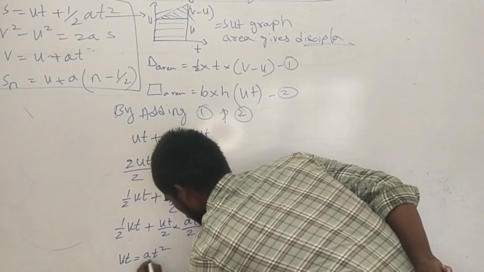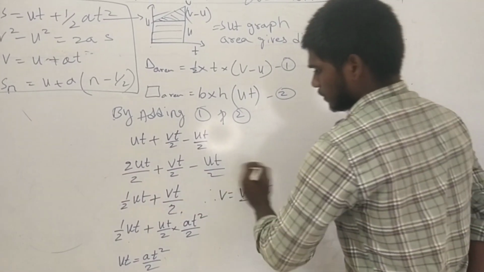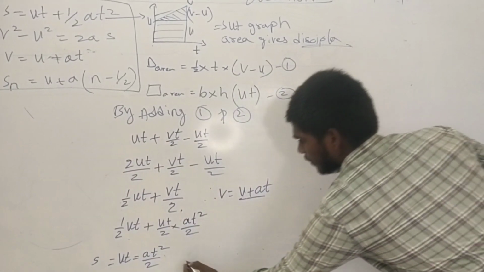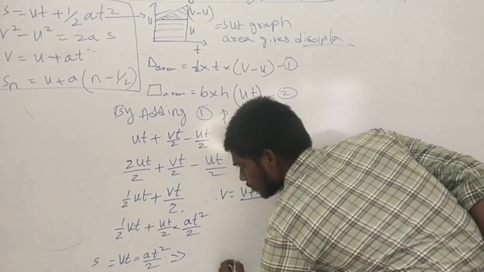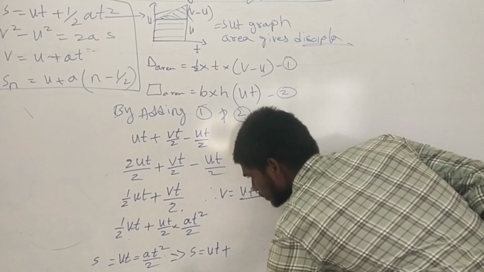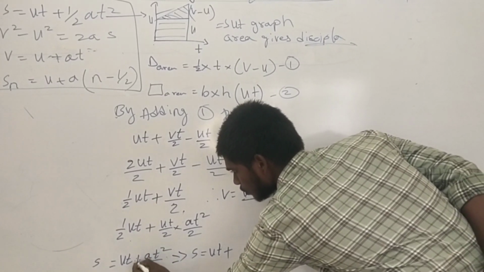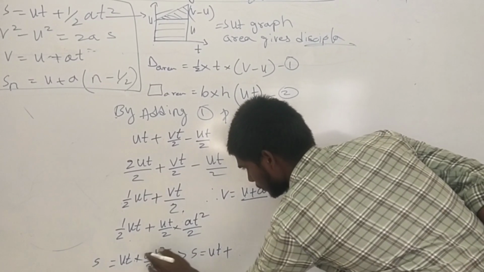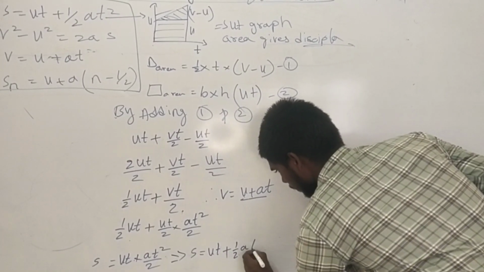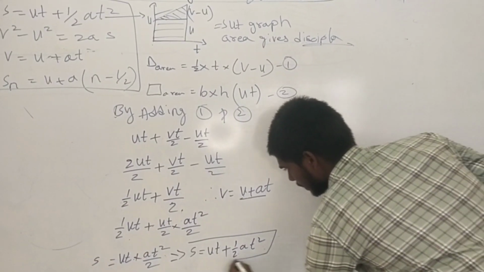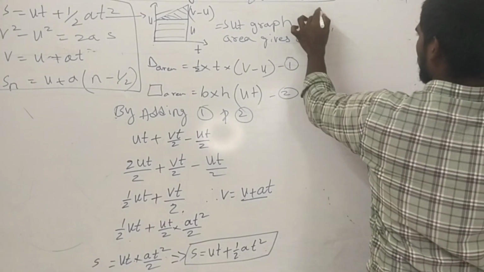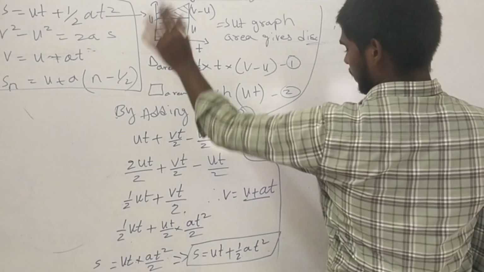If I simplify both, this is the displacement formula. S is equal to ut plus half at square. This is the first formula which I wrote there.